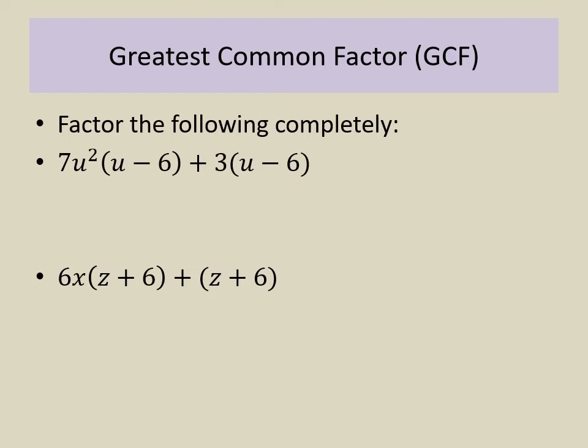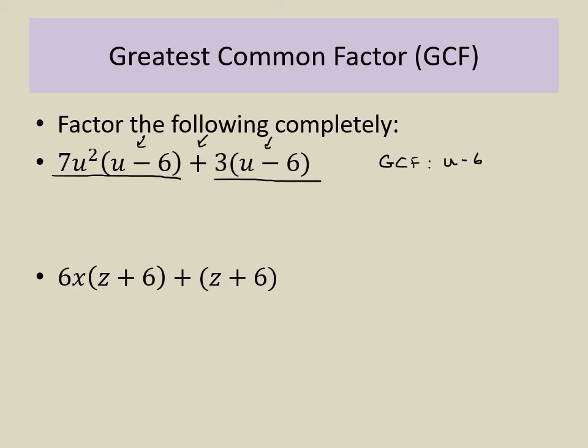Okay, so hopefully you recognize that here's one term, here's another term separated by this plus sign, and that the GCF in both of these is those factors in the parentheses, u minus 6.